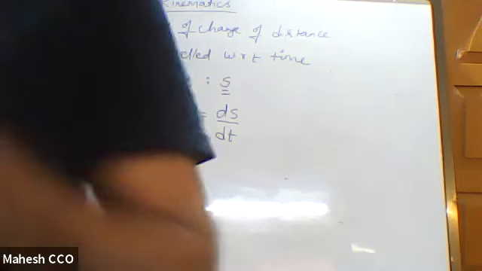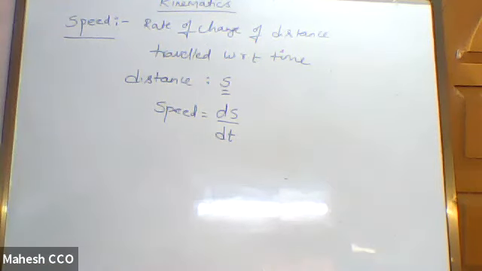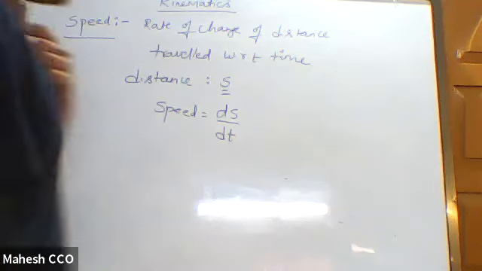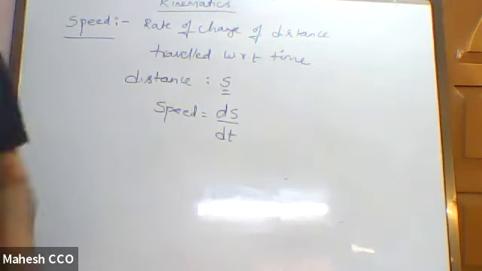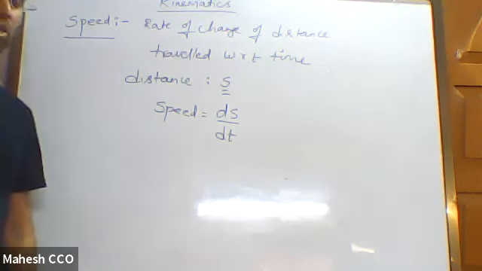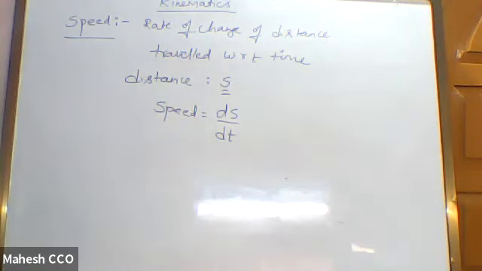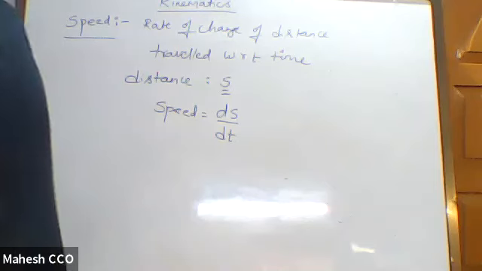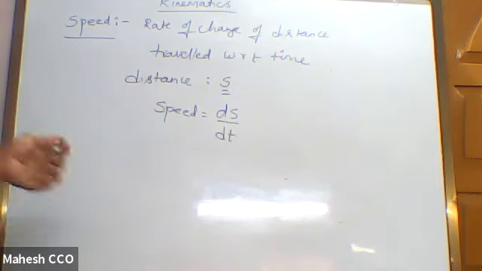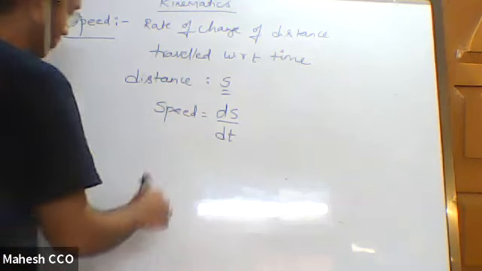So mathematically speaking, the speed can be talked about at any time t. But average speed means you have to give an interval. What is the average speed between t1 to t2? Then in that interval, we can find the distance traveled in that interval.